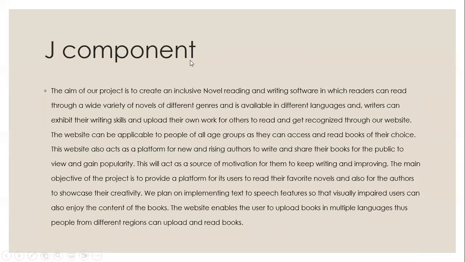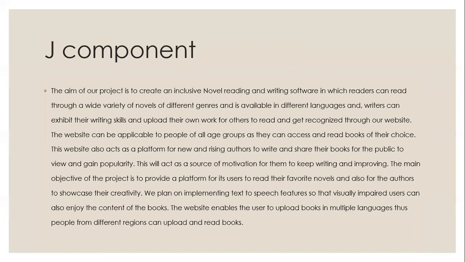Now talking about the J component. The aim of our J component is to create an inclusive novel reading and writing software in which readers can read through a wide variety of novels of different genres available in different languages, and writers can exhibit their writing skills and upload their own work for others to read and get recognized through our website.